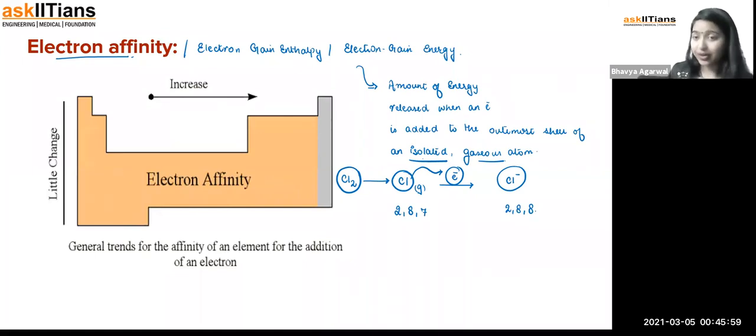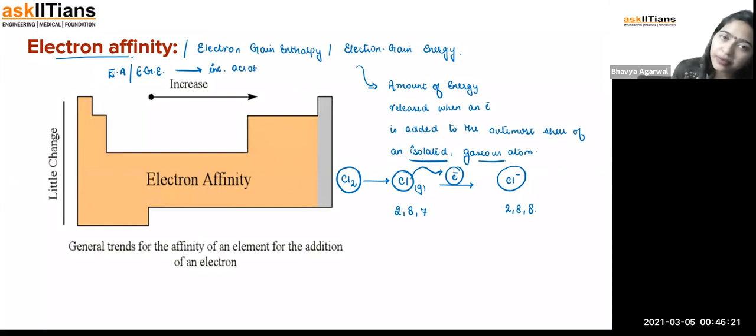So how does this trend work? You know that non-metals have a tendency to attract the electrons more easily, right? So the electron affinity or the electron gain enthalpy, I can say, increases across the period, because the elements have a tendency to act as non-metals, and non-metals can easily gain an electron.